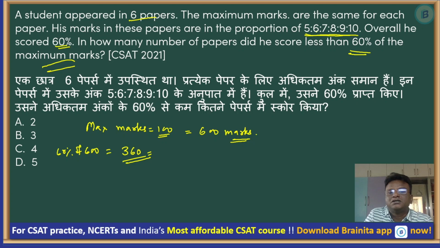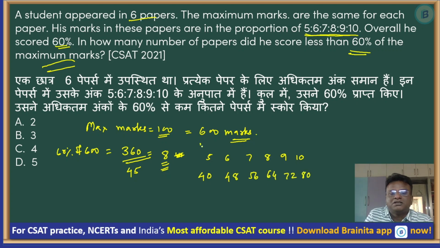So this is 5 plus 6 plus 7 plus 8 plus 9 plus 10, which is 45. If I divide 360 by 45, then I get 8. One unit value is 8. So now I will calculate 5, 6, 7, 8, 9, 10. I know that one unit is 8. So the first paper 40, 48, 56, 64, 72, 80.